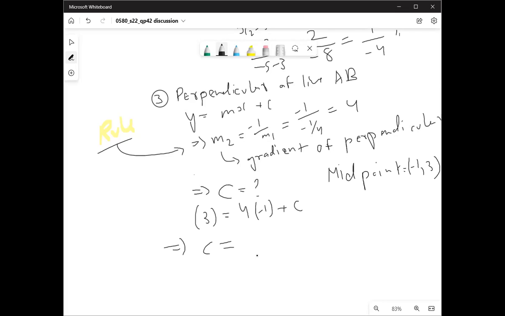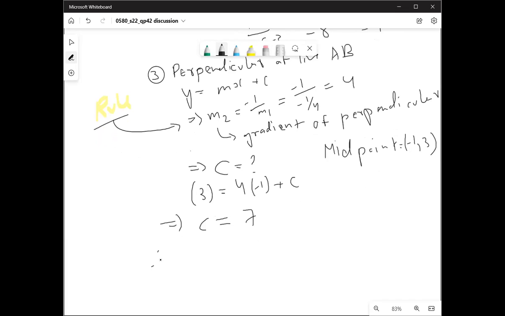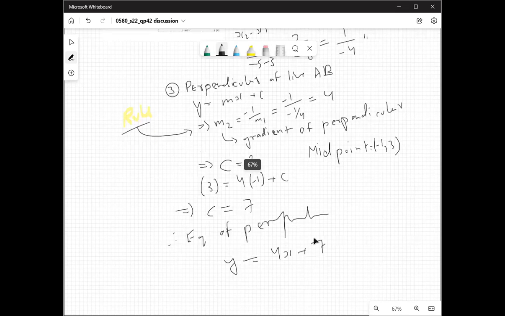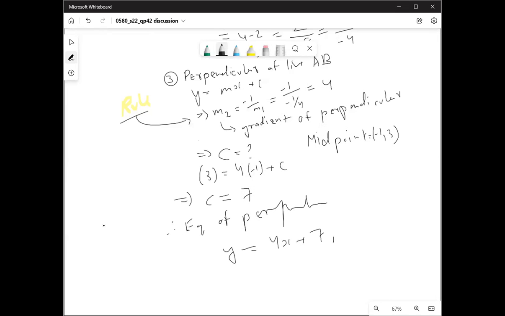What is c? 7. Therefore, the equation of the perpendicular is y equals 4x plus 7. That's my answer.